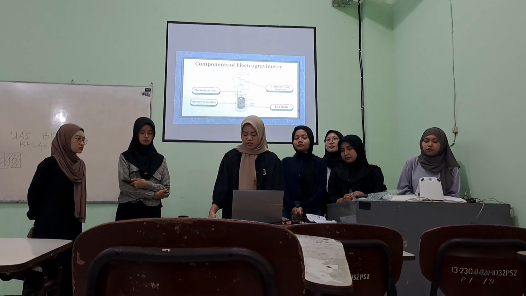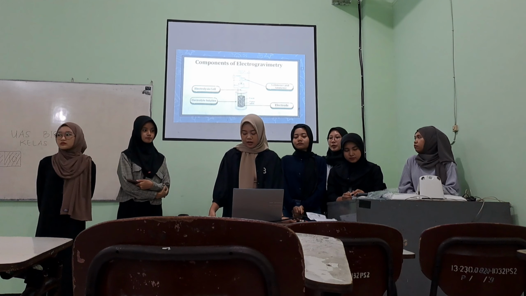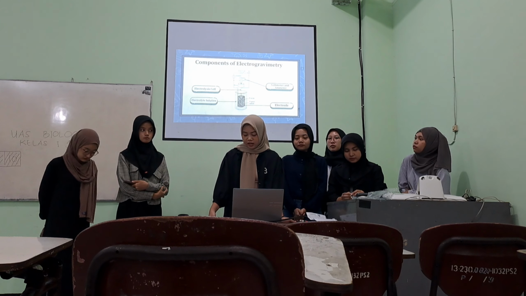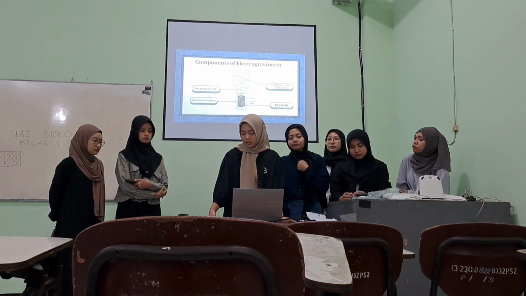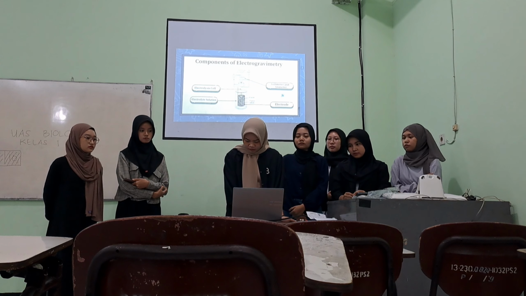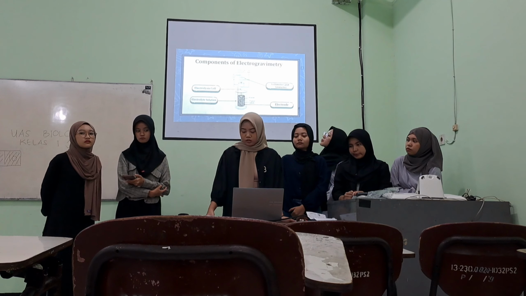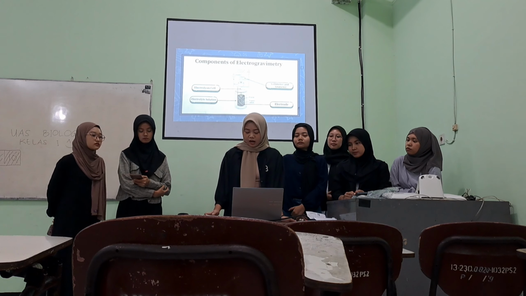Voltmeter is used to measure the voltage applied to the electrolysis cell, and ammeter is used to measure the electric current flowing through the electrolysis cell. Number 4, electrode. The electrode is divided into two, namely cathode and anode.